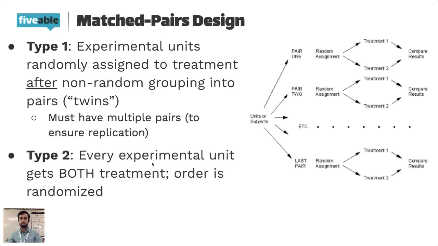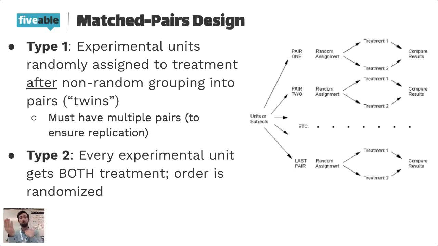The second type of matched pairs is that every experimental unit gets both treatments. So the famous example is if I'm testing to see if a certain spray is waterproof on my boots. So I'm one experimental unit, but I get both treatments.